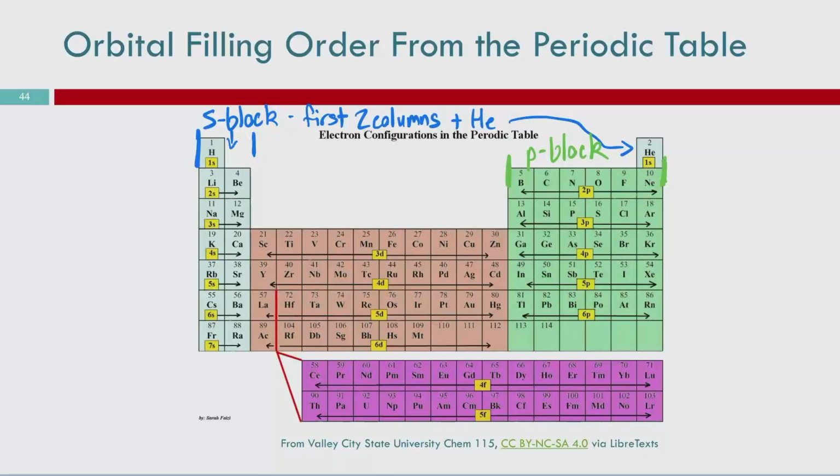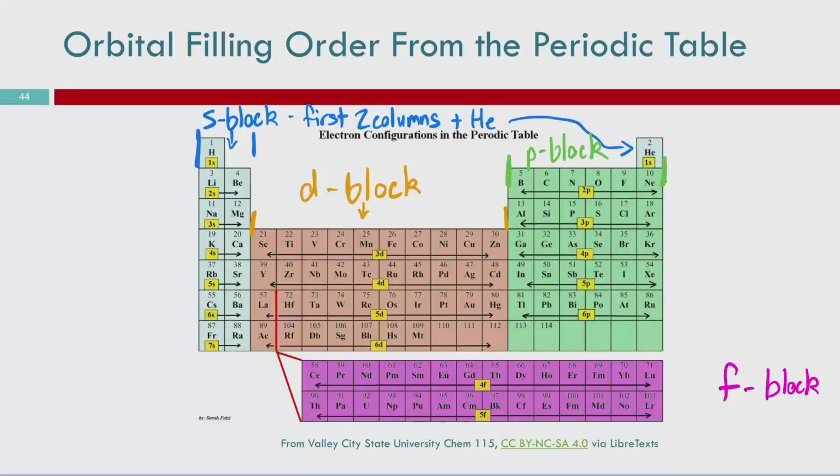In the middle is the d block. All of our transition metals are in the d block. And then our f block, wrong order.